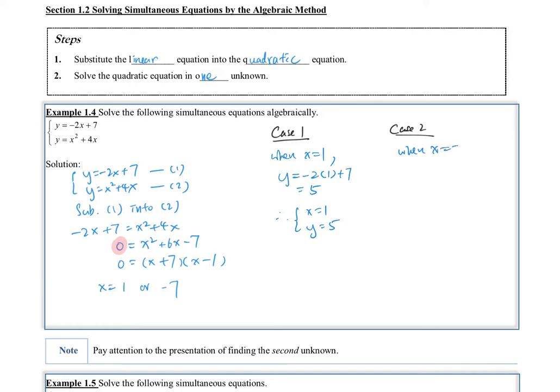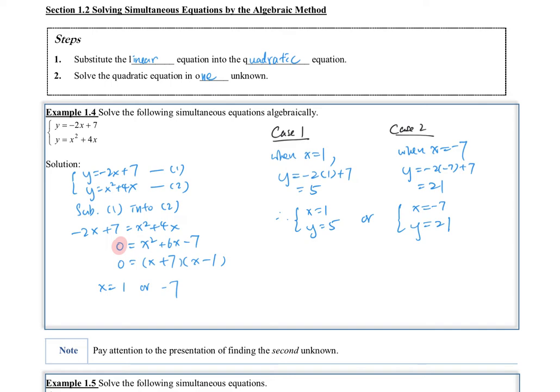And similarly, we do it for negative 7. So this is the second set of the answer. Therefore, combining them together, you will get x is equal to 1, y is equal to 5, or x is equal to negative 7 and y is equal to 21.